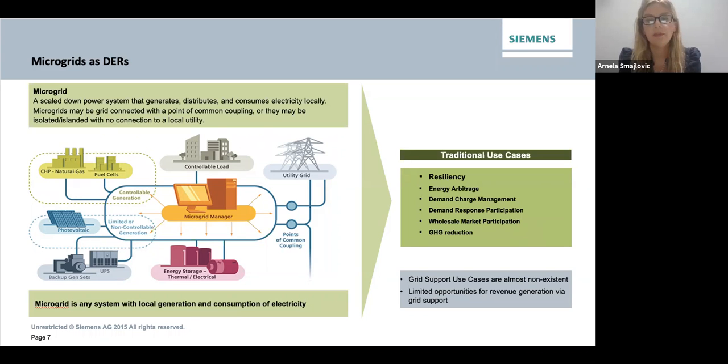If there is a need for just resiliency, a simple PLC type of microgrid controller can suffice. But then microgrids in these cases are not as beneficial. Now the most recent and very important use of microgrids is market participation.